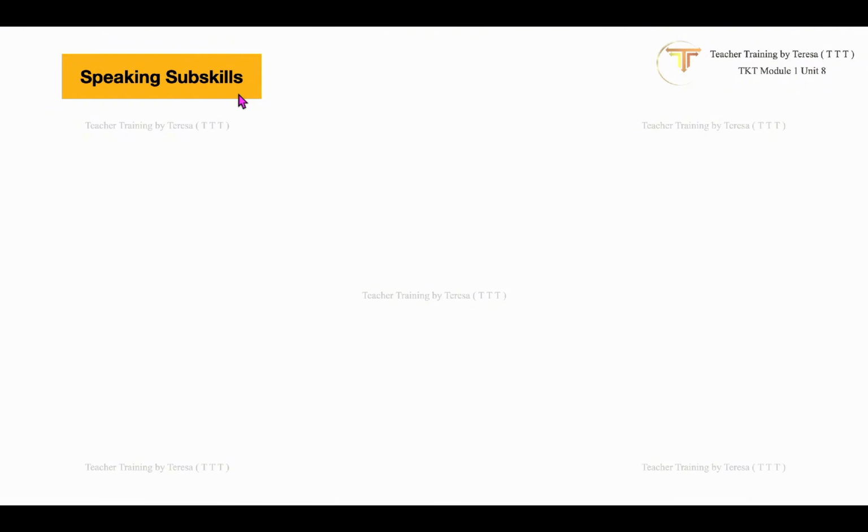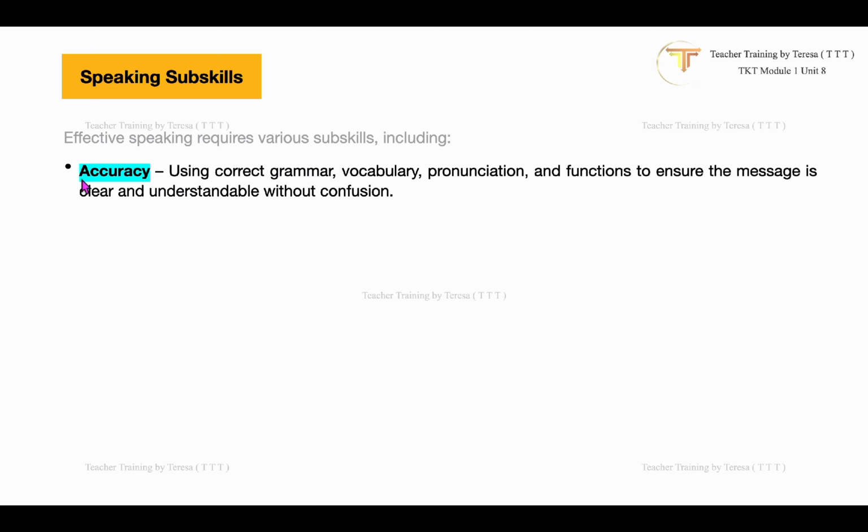Speaking subskills. Effective speaking requires various subskills, including accuracy, using correct grammar, vocabulary, pronunciation, and functions, to ensure the message is clear and understandable without confusion.